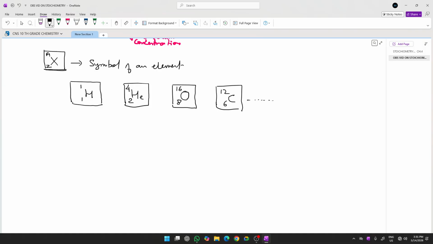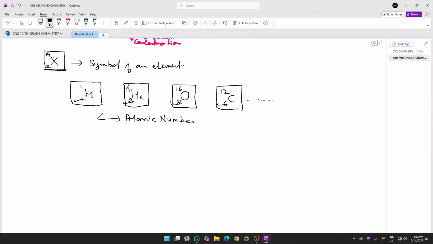So you can see two numbers, one at the bottom and one on the top. The bottom numbers are nothing but the atomic number. These letters H, He, O, C are the symbols of the elements. H stands for hydrogen, He for helium, O for oxygen, C for carbon, and so forth.